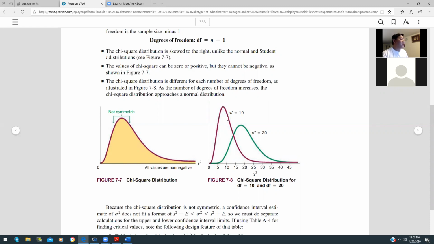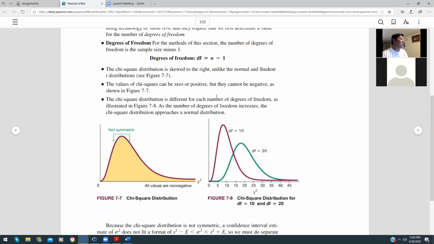This is what happens when your degree of freedom is 10: you get a very skewed chi-square distribution. When you have a degree of freedom of 20, it becomes approximately normal. So if your degree of freedom keeps on increasing, this distribution will end up being a normal distribution.